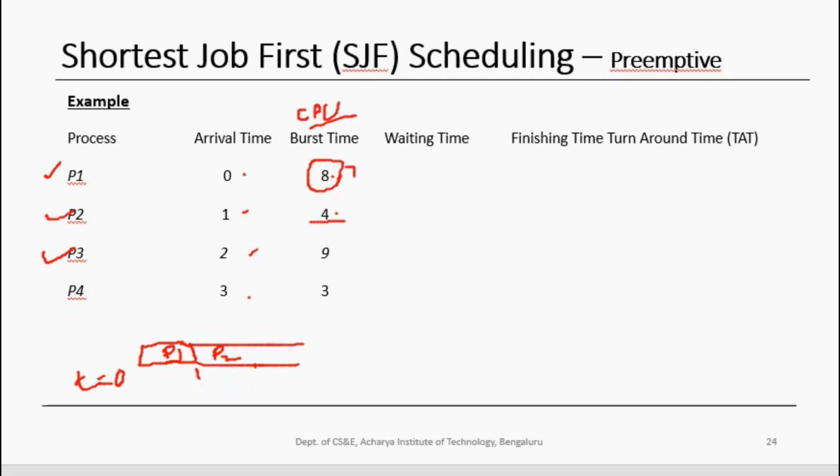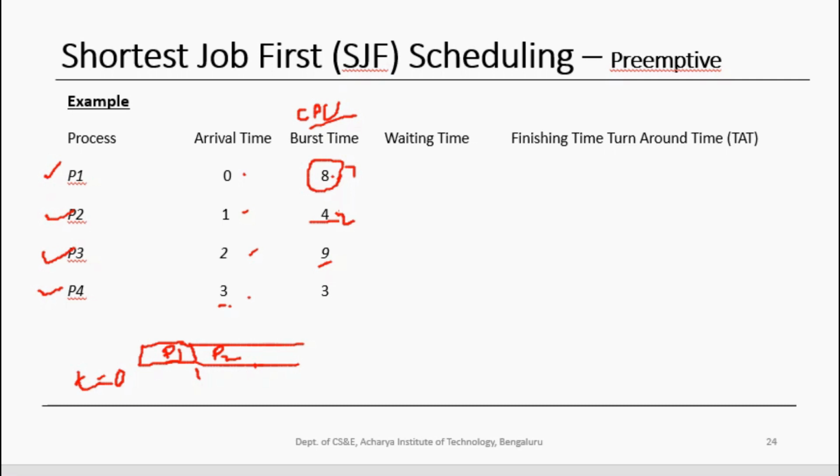Now P2 would have run for one time unit and its remaining CPU burst time is 3, but the CPU burst time of P3 which arrives into the ready queue next is 9, so there is no problem and P2 is allowed to continue on the CPU. At t is equal to 3, P4 comes in. By that time P2 would have run for 2 time units, and what is the remaining CPU burst time of P2? That is 2.